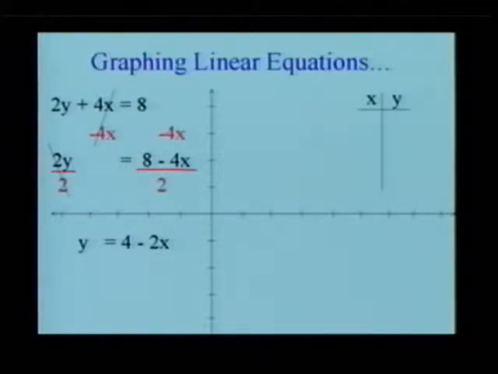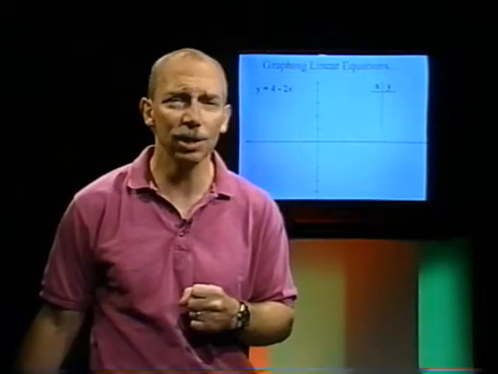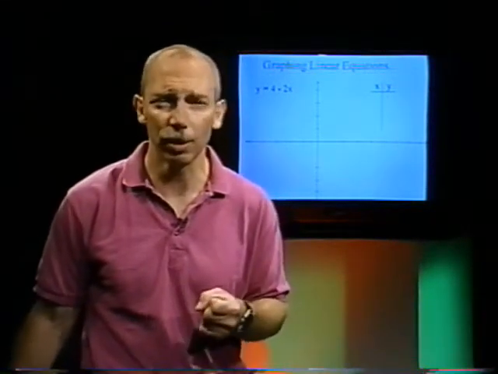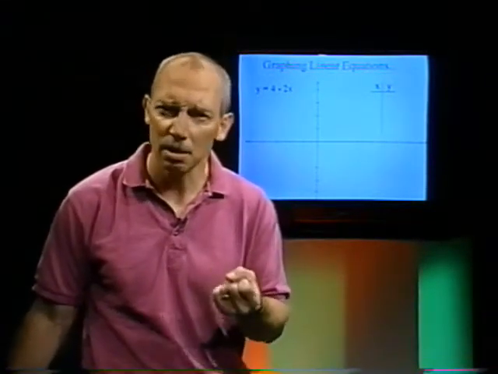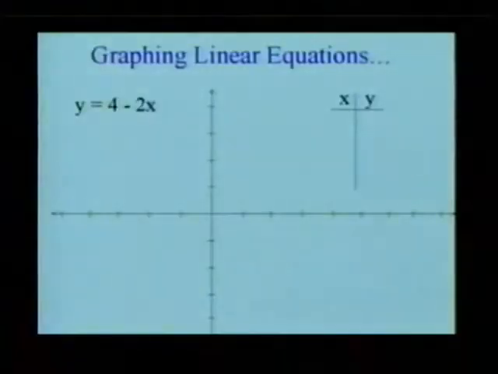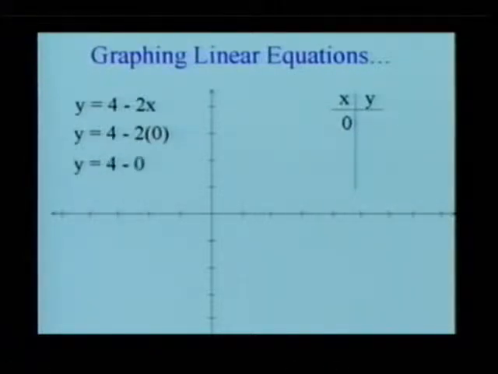Now it's going to be easy to put some points in. Let's put in the easiest points that I could think of, to put in x's. Okay, let's see. I'm going to put in 0, and if I put in 0 instead of x, what will this recipe for y give me? Well, 4 minus 2 times nothing, or 4 minus nothing, it's going to give me 4.